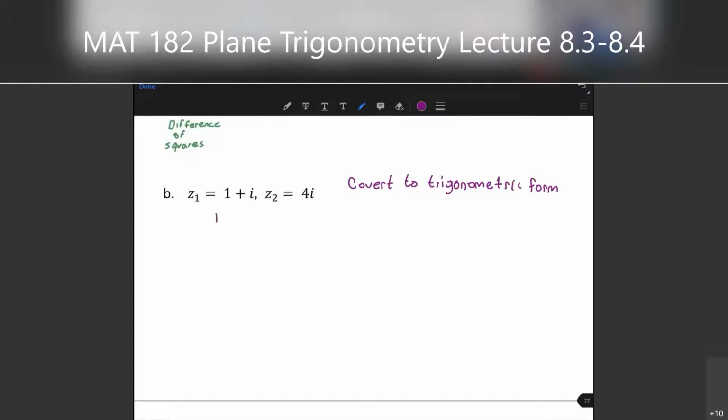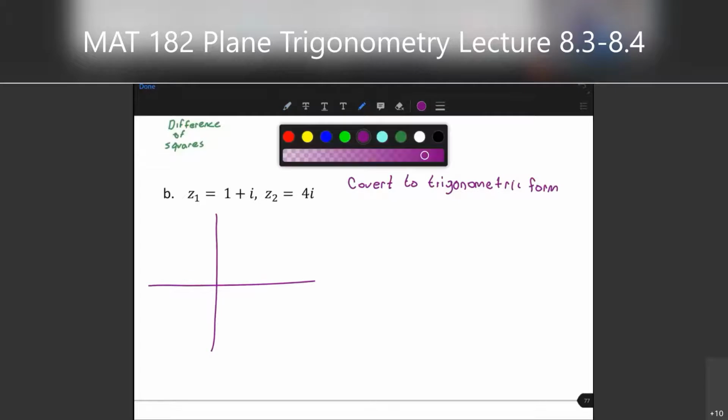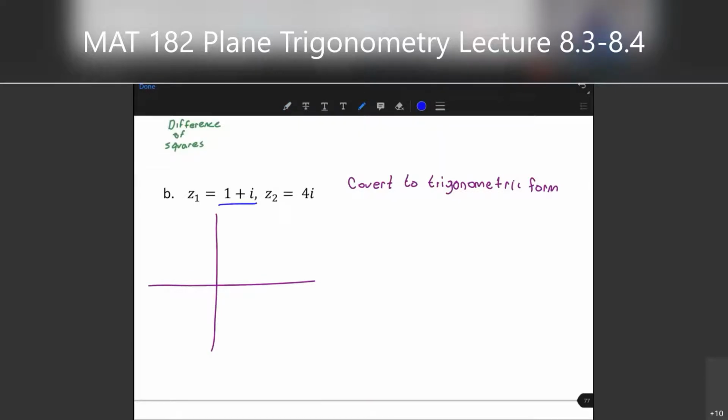So if I rewrote these and just put a little graph on each of these complex numbers, I have 1 plus i. So 1 plus i is in the first quadrant. That would be 1 unit to the right and 1 unit up, so it would be a direct 45.